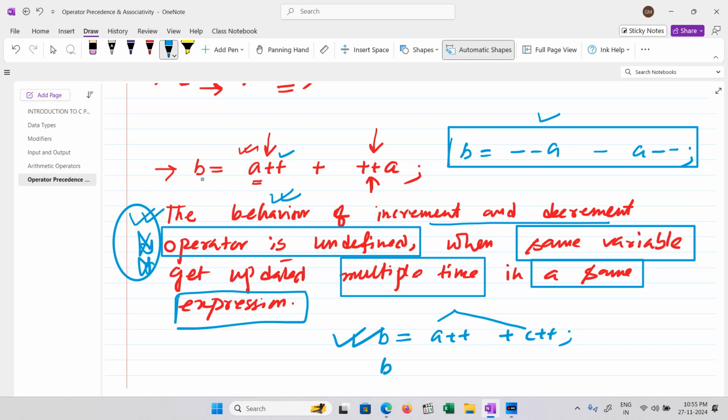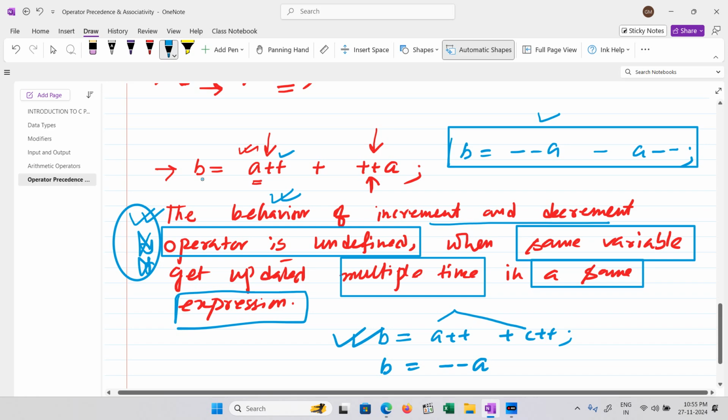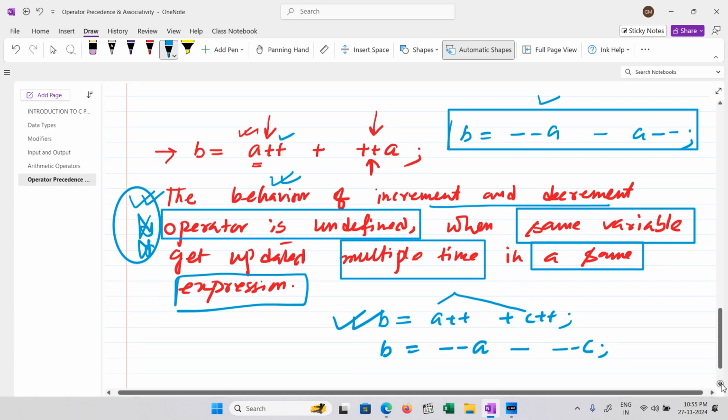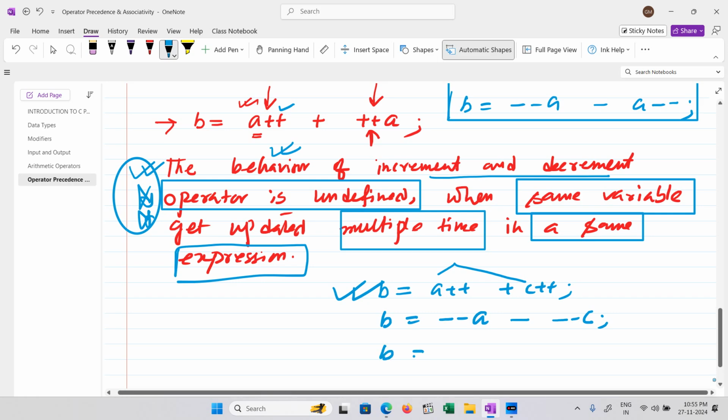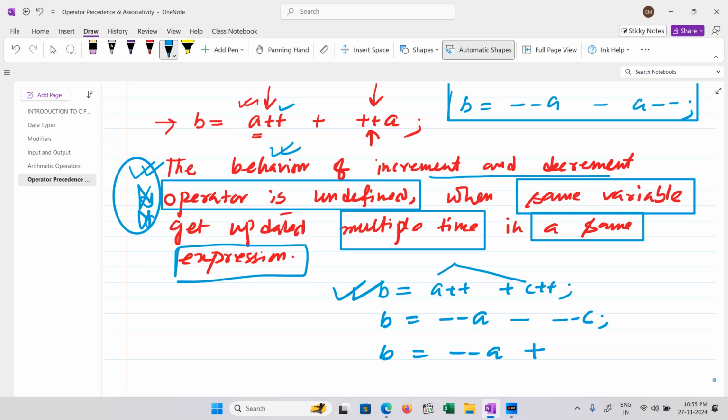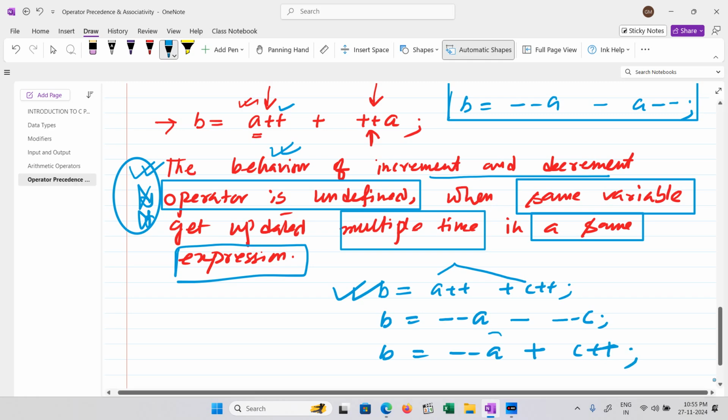No problem. You can even mix them. Yes, you can do this. No problem. Why? Because two different operands appear in the same expression, so the compiler can easily calculate.